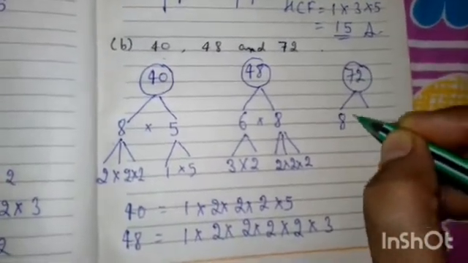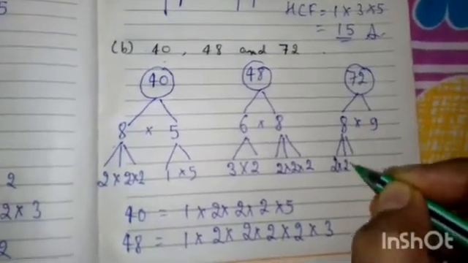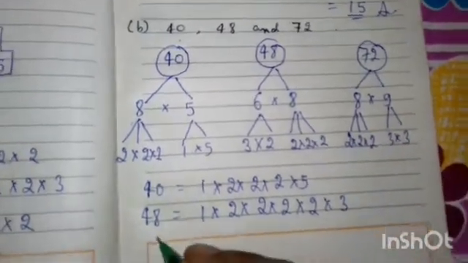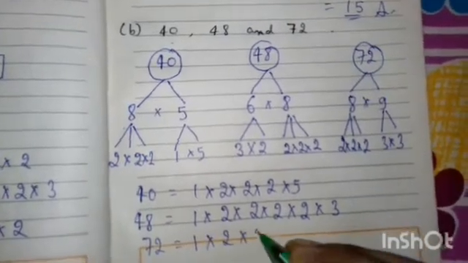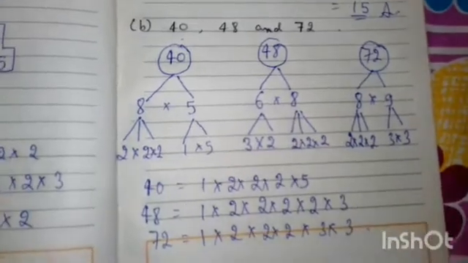Now 72. 8 nines are 72. So you can make it as 2 into 2 into 2, and 9 as 3 into 3. So write 72 as 1 into 2 into 2 into 2 into 3 into 3.